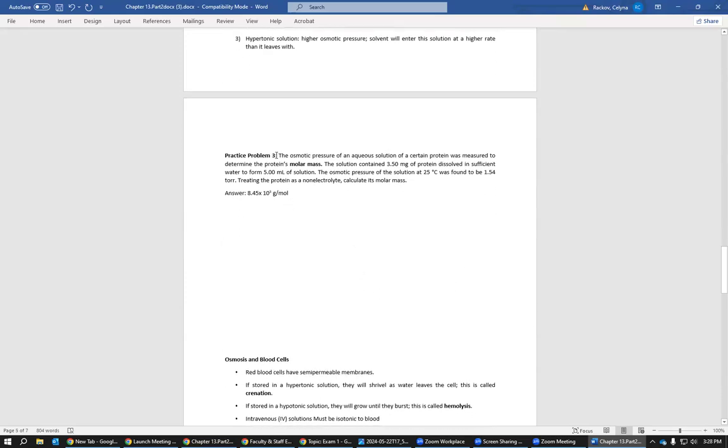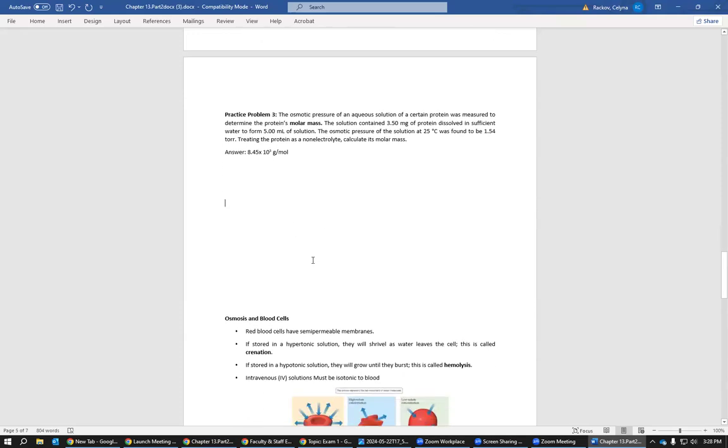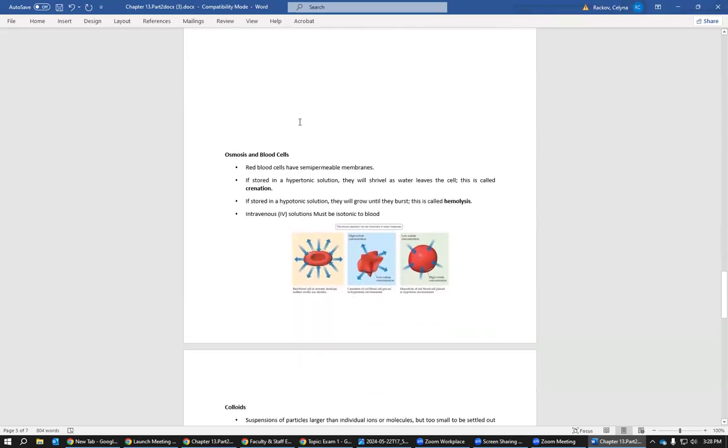Okay, so let's see this: osmosis and blood cells. Red blood cells have semipermeable membranes. If stored in a hypertonic solution, they will shrivel as water leaves the cell. That's called crenation.